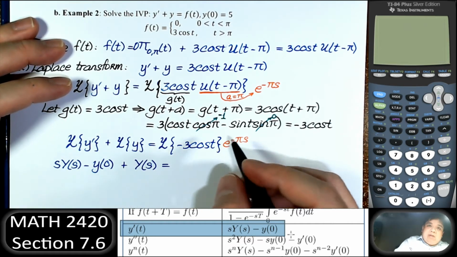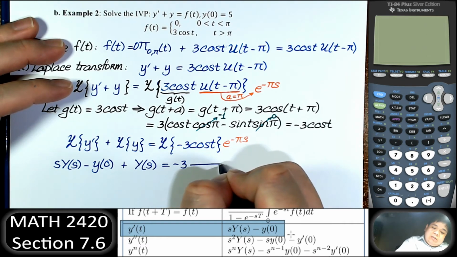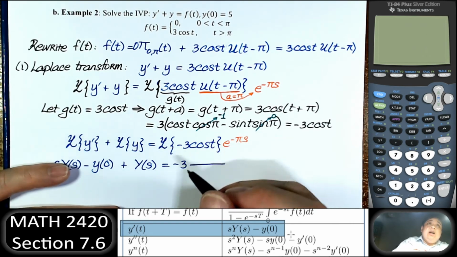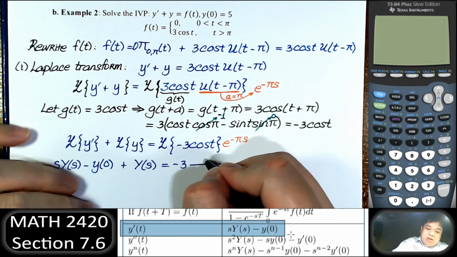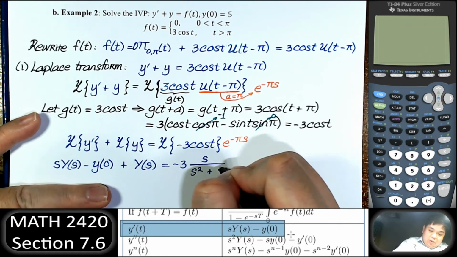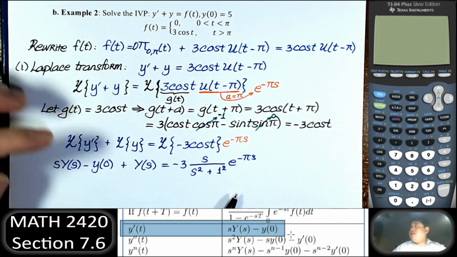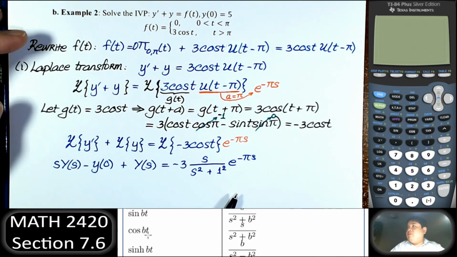And now the transform of this: I'll take out the negative 3 and the transform of cosine t, which is s over s squared plus 1, times e to negative pi s. So that is the transform of cosine.